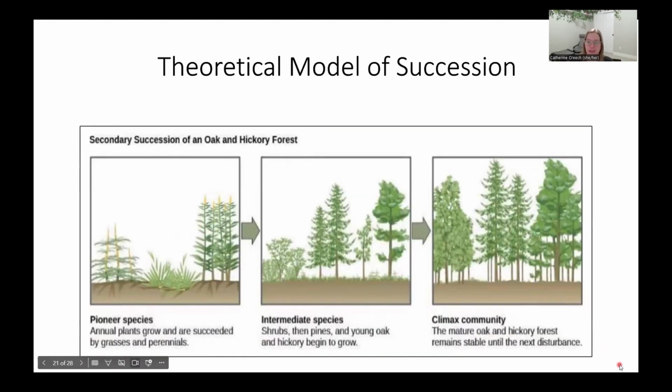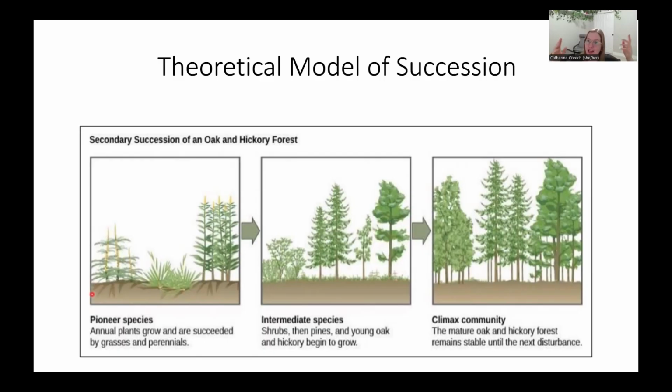Now, secondary succession, let's say a fire wiped out all the plants, but it didn't kill the soil. Because the soil is still there, we can have pioneer species again, but it doesn't have to be moss and lichen. Now it can be things like grasses and annuals and perennials, soft, tiny little plants that have thin root mats. They're going to use the nutrients in that soil that is still there. And as they grow, they're going to replenish the soil.